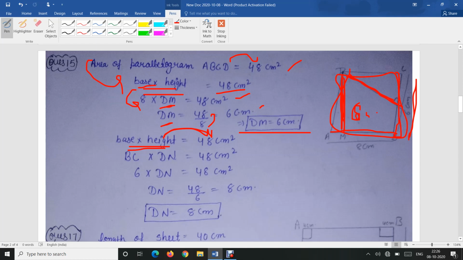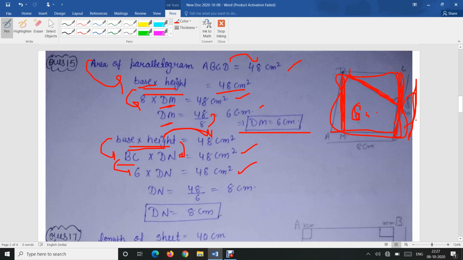Now this time BC is the base and DN is the height. So you can put BC in place of base and DN in place of height, is equal to 48 centimeter square. As you can see, side BC is given, which is 6 centimeter. So you can put 6 in place of BC, multiplied by DN, is equal to 48 centimeter square.